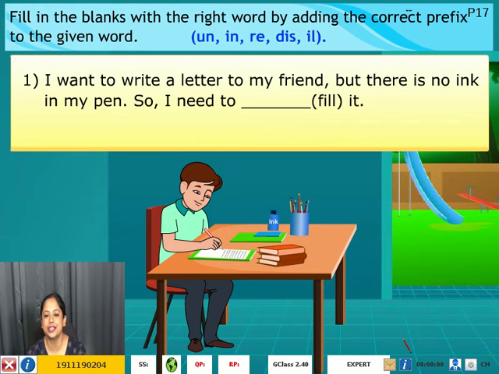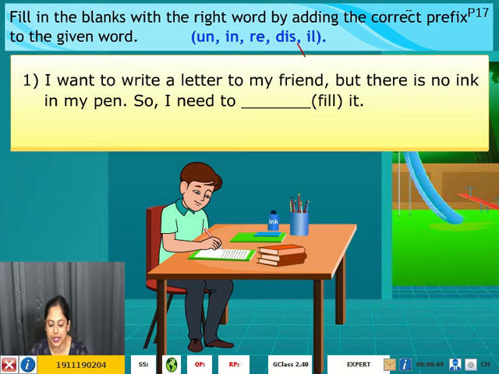I want to write a letter to my friend, but there is no ink in my pen. So what do I need to do? I need to fill it. Now you are given the word fill here. We need to add a prefix. Let's see. Can we say unfill? No. Can we say infill? That will be incorrect.